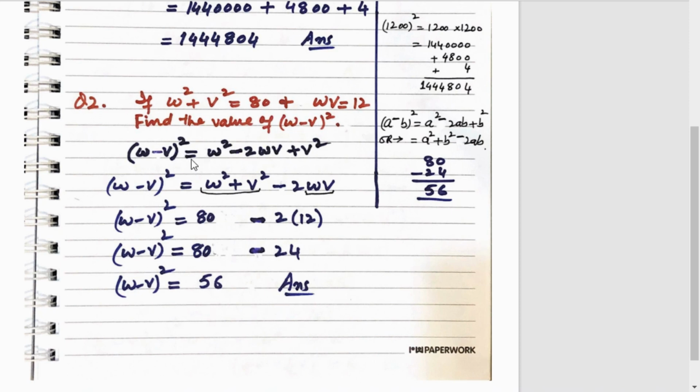Look up, very easily, if you know the identity and how to use a suitable identity, we can do this question very easily, and at the end we are with the answer: (w minus v) whole square is equal to 56. This is our required answer.